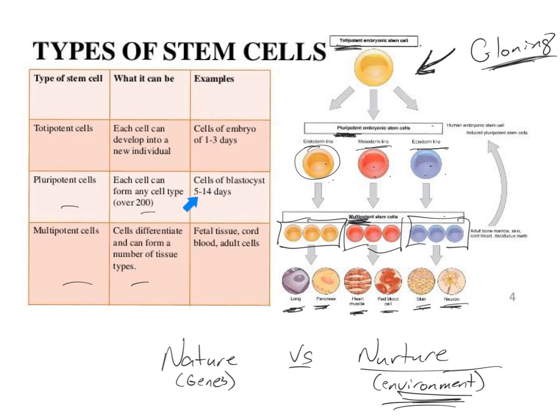But here you've turned genes on and off so that on days 5 through 14, you can make things like endoderm, mesoderm, or ectoderm. And those 3, once you turn more genes off and on, you can then say these cell types can become lung and pancreas. These can become our muscle and blood, and these can become skin and nerve cells.